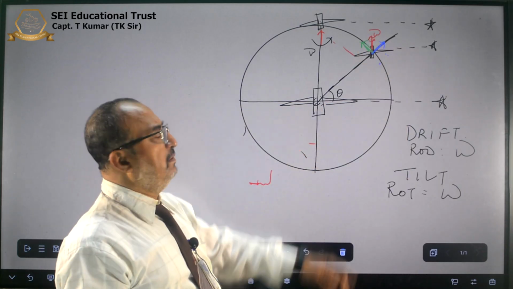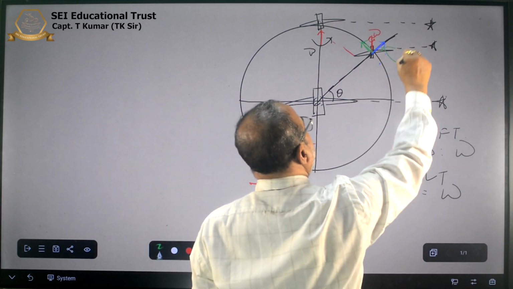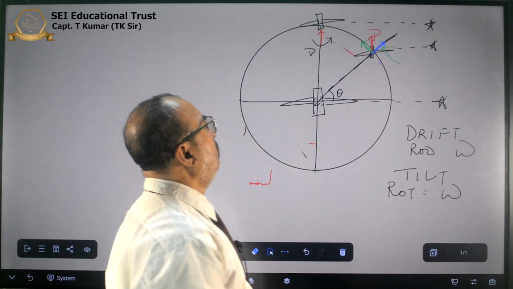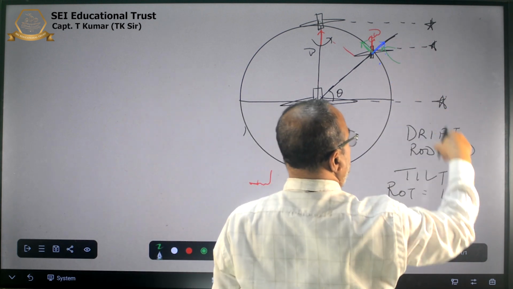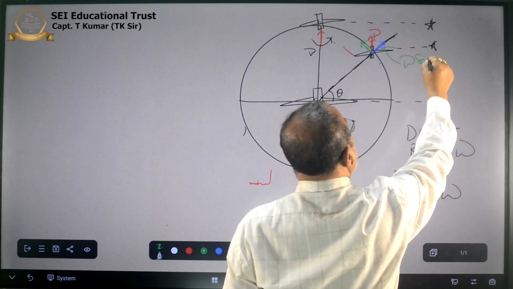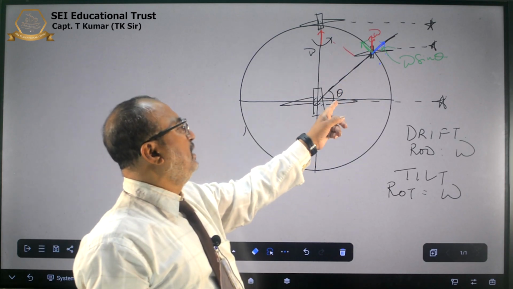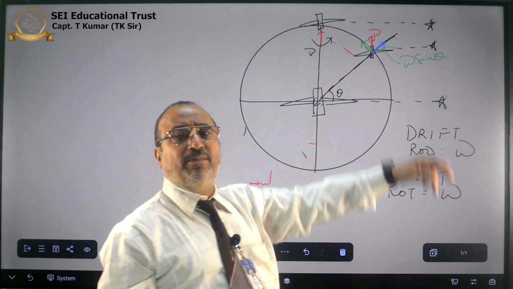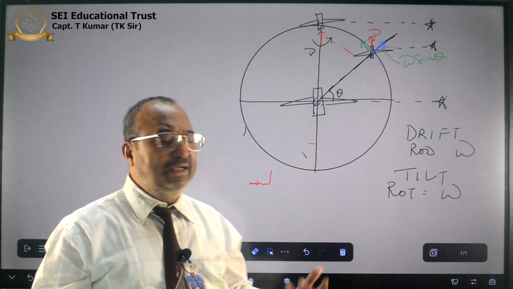Now, this is theta. This particular vector is the one known as the drift. It will be omega sin theta, because this is omega, this is theta. So automatically this component will be omega sin theta. What will be the other component?